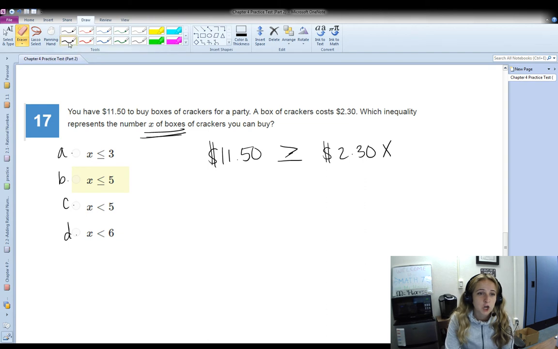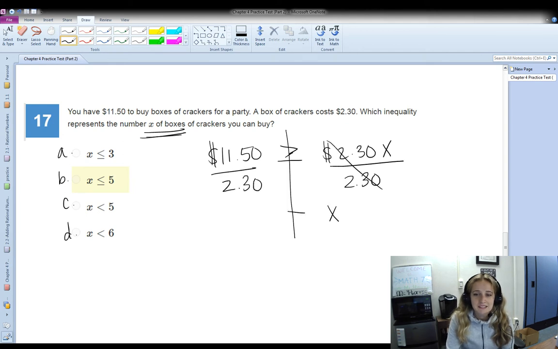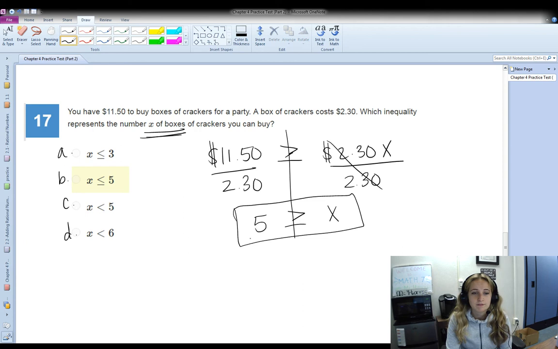Now we're going to solve for it. So we are going to divide by 230 to isolate our x. Divide by 230. And that's going to give us x is less than or equal to 1150. 1150 divided by 230 is going to give me 5, actually. So, oops, and it's not dollars. It's 5 boxes of crackers. So x has to be less than or equal to 5.